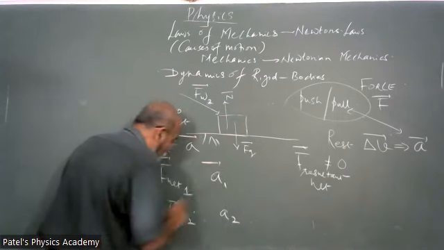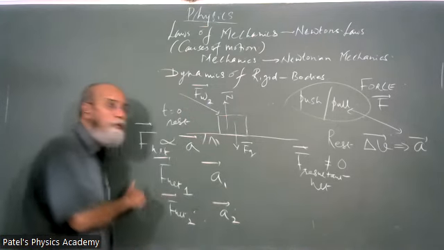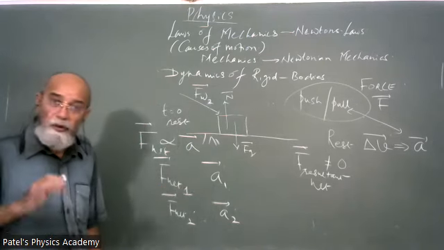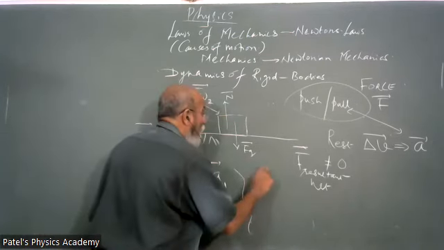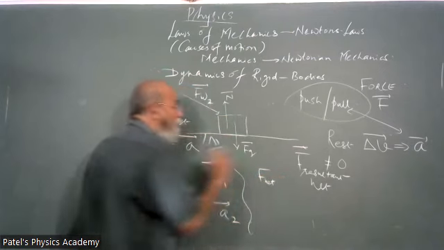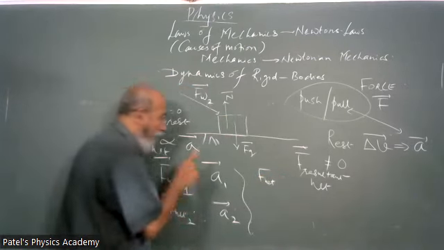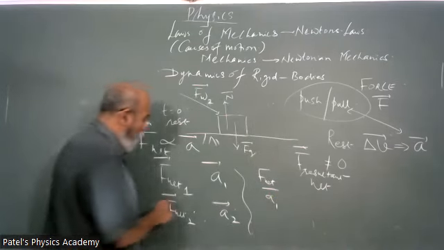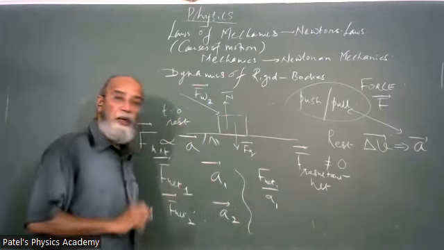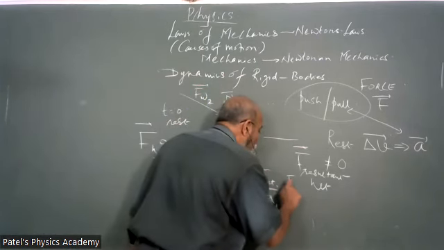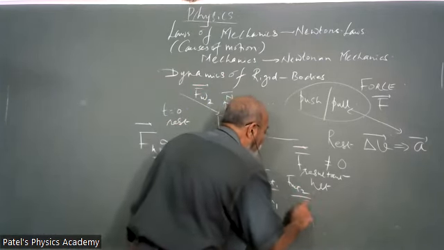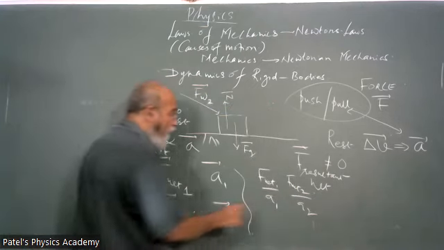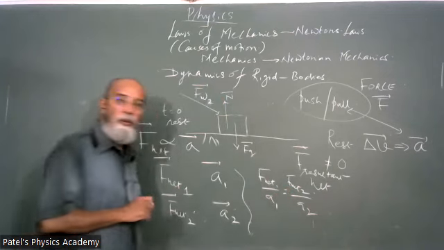In direction, proportional. In magnitude, proportional. Then Newton took the magnitude of the net force and divided it by the magnitude of the acceleration. So net force 1, net force 2. To his surprise, he found they were equal.